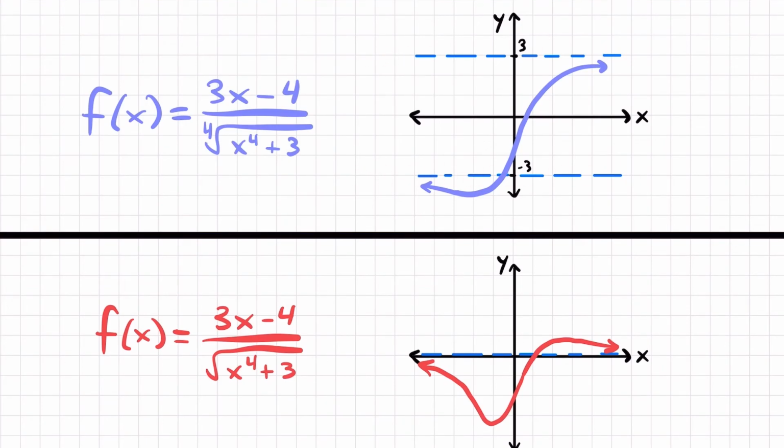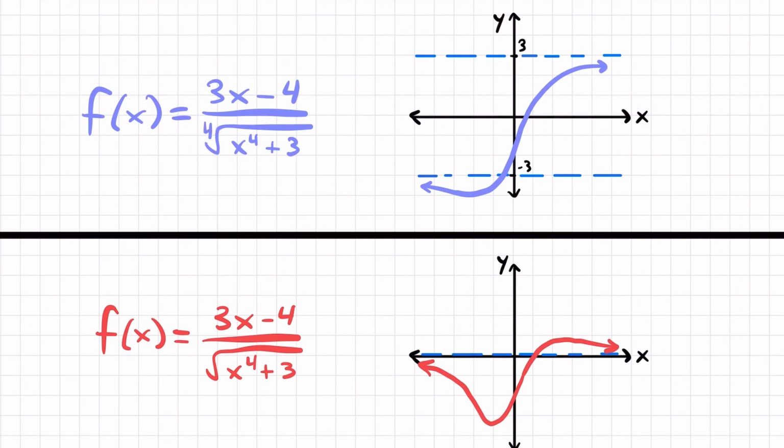And so if you had a limit as x approaches negative infinity for this function, you would need to remember to multiply by that -1 so that you will look at the negative side of the function and get that other horizontal asymptote, right? And that would be because just like the square root of x squared produces only positive values, the fourth root of x to the fourth power will also only produce positive values. It will not make a negative value, and so the denominator will always have a real result.